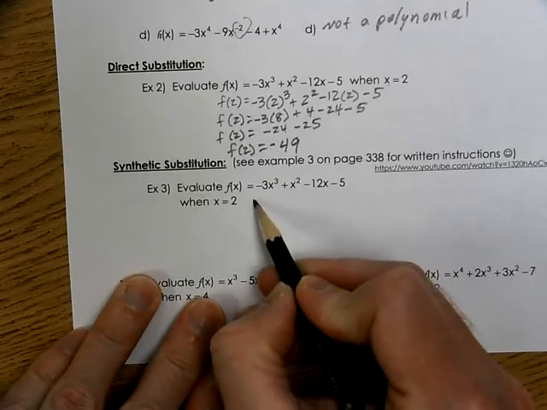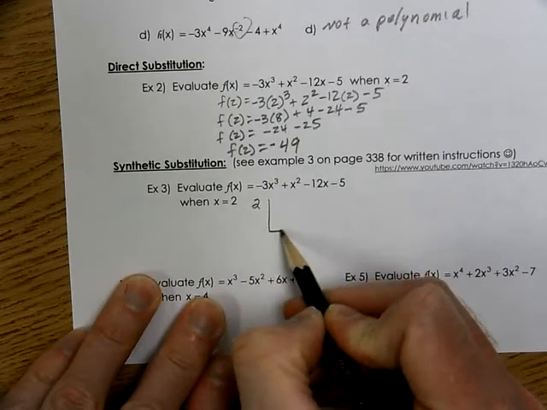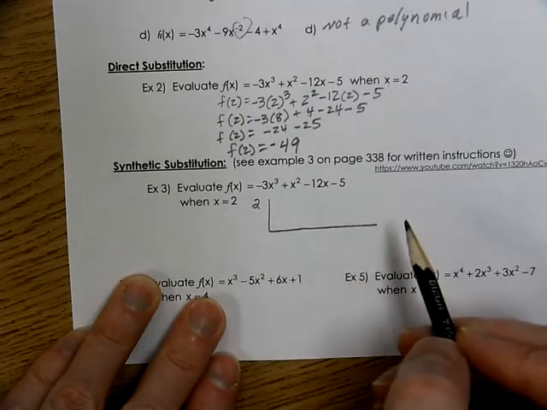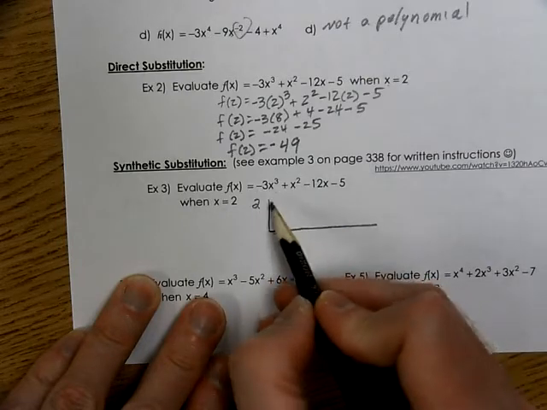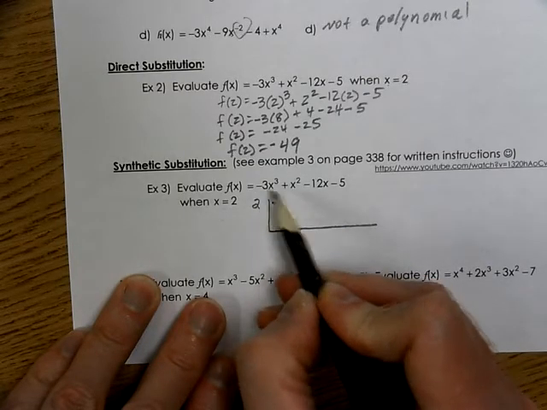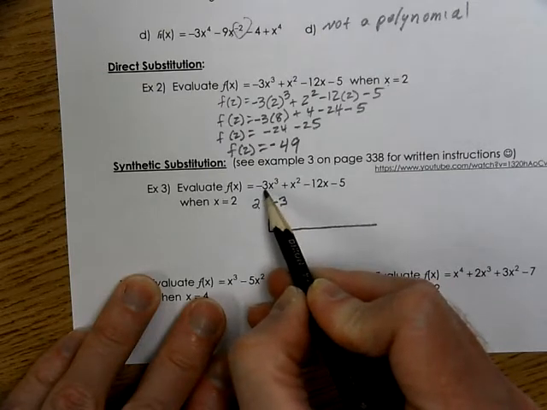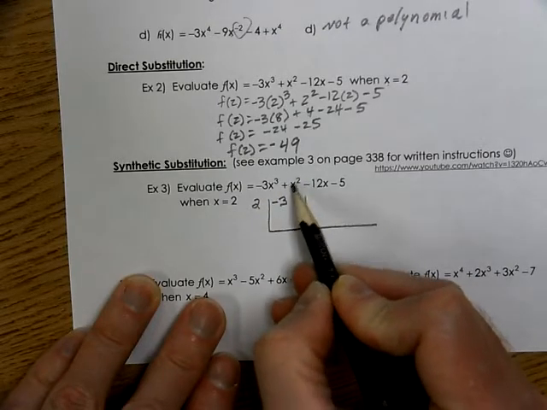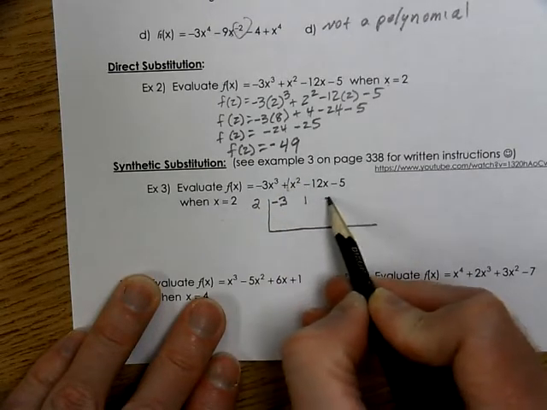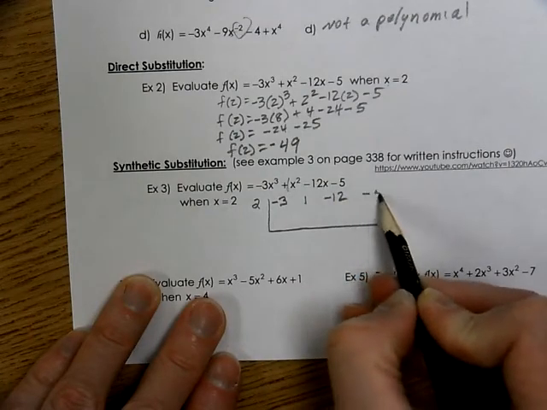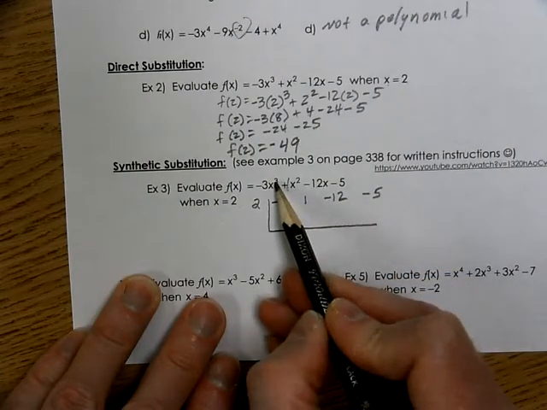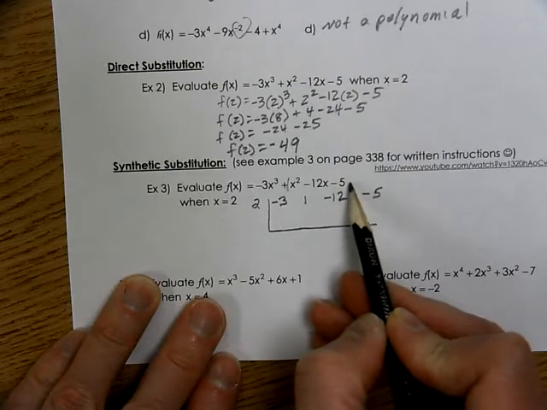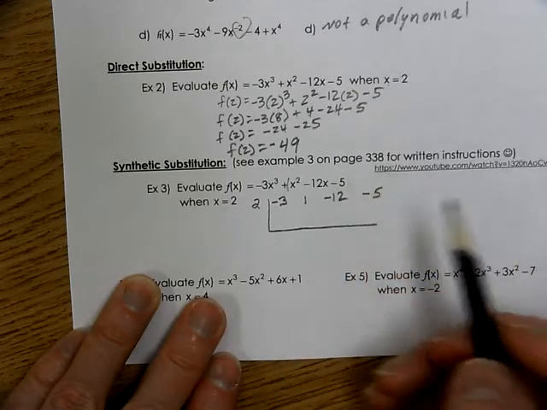So when x is 2, we're going to plug 2 in, and we use this bar to help us organize our coefficients. So that's negative 3, that's our largest exponent with its coefficient. And then 1 would be the coefficient, and negative 12, and negative 5. Because this is a cubic equation, you're going to have 4 terms. The 3, the 2, the 1, and the no exponent, no x value term.